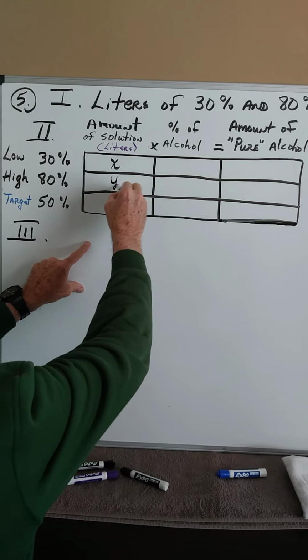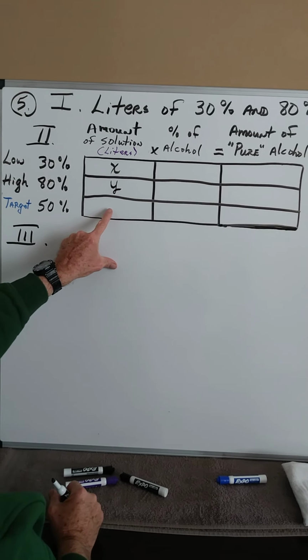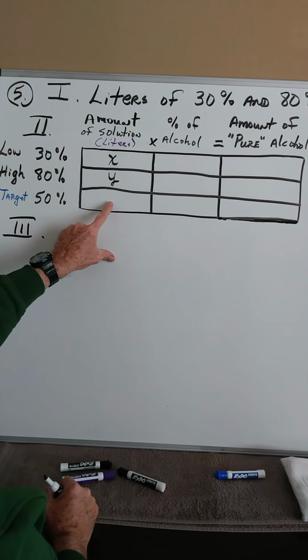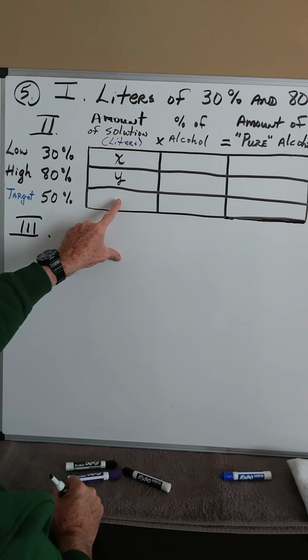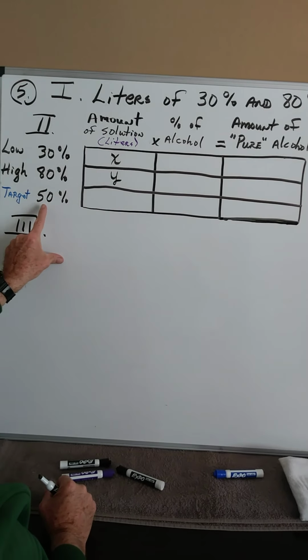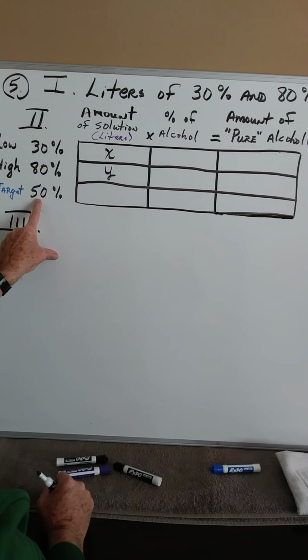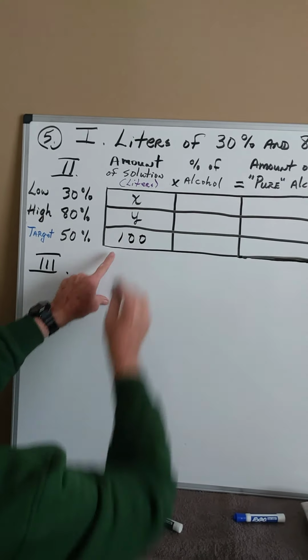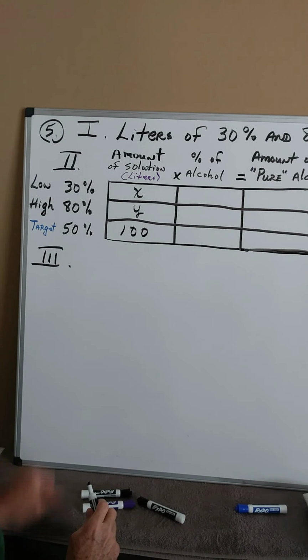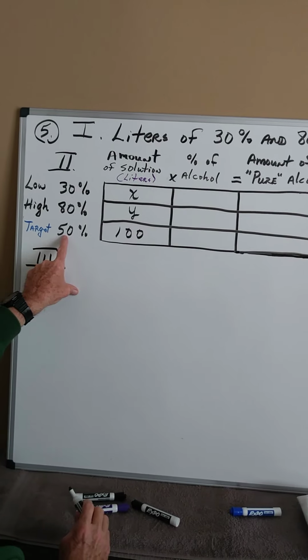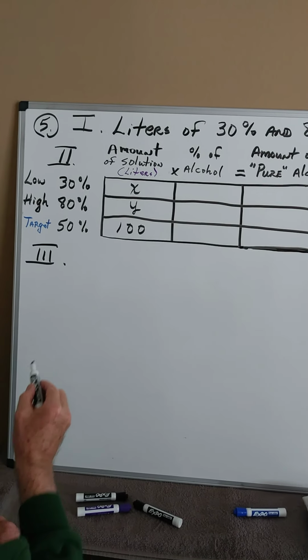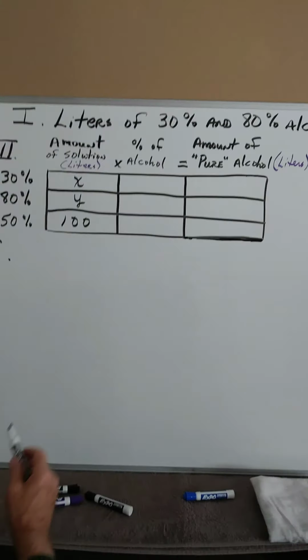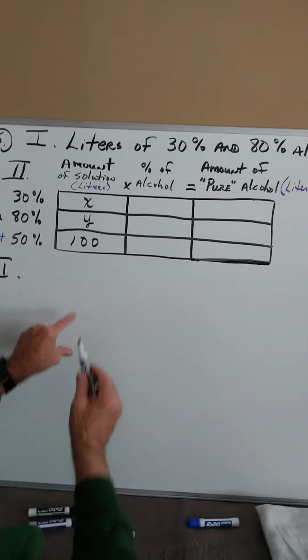That'll be Y. But we do know the amount of solution that Joe Castillo wants in his final result of 50%. Back on that problem, it said that he needed 100. So the total is 100. It is like a total. It's just labeled as 50%. There's your first equation. X plus Y is equal to 100. We'll write it in a moment.